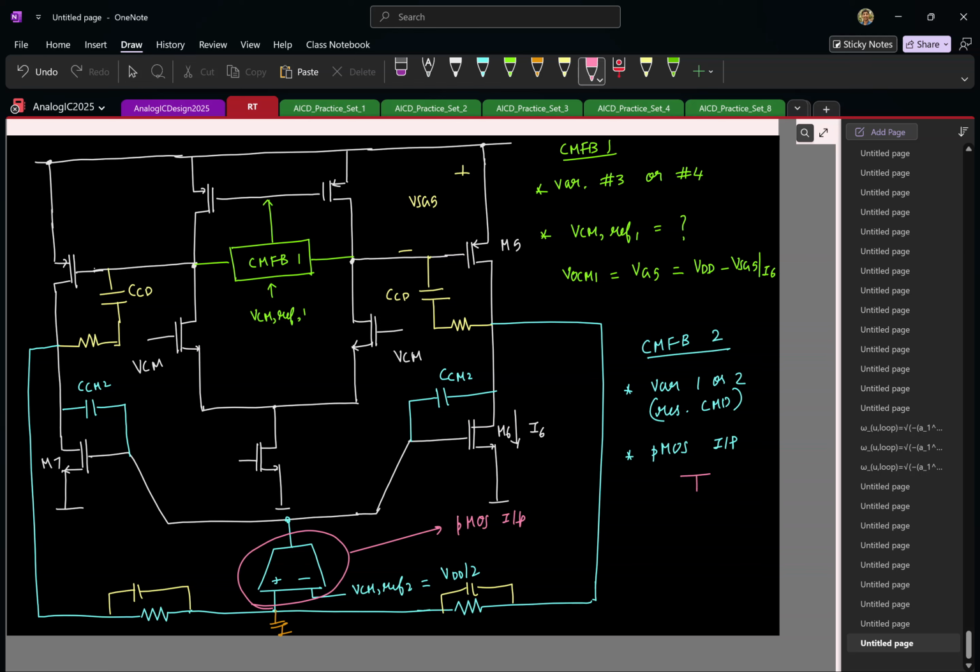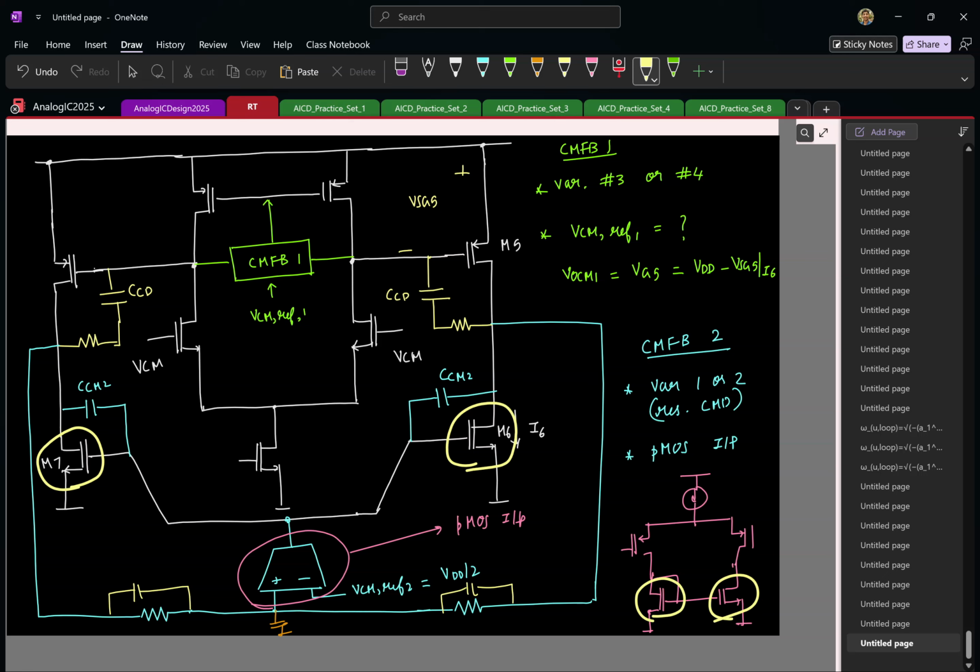So again, if I have to quickly draw it, let me once again draw this so that it's clear. This will be your PMOS input pair. So once again, if you remember, if you want to avoid systematic offset in this 2-stage OTA, you make sure that you have the same current densities for these transistors.